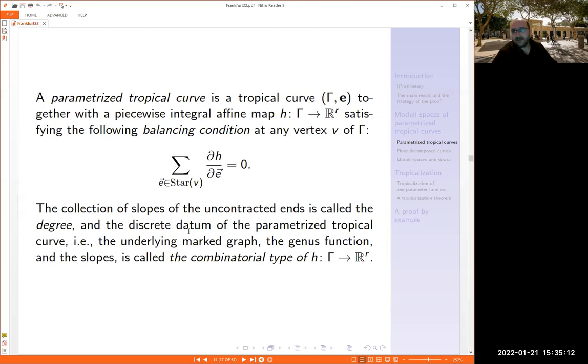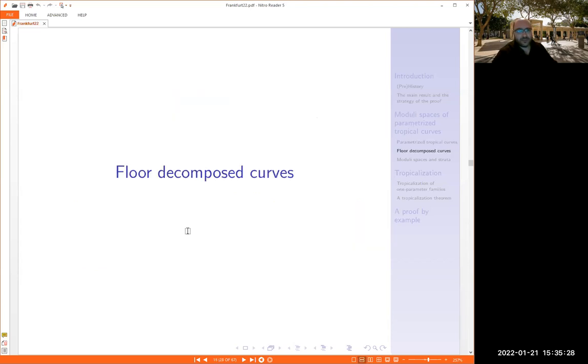The rest, the positions of the vertices, the images of the vertices, and the lengths of the edges, do vary continuously. So this is a continuous piece of datum, unrelated to the combinatorial type. Okay, good.